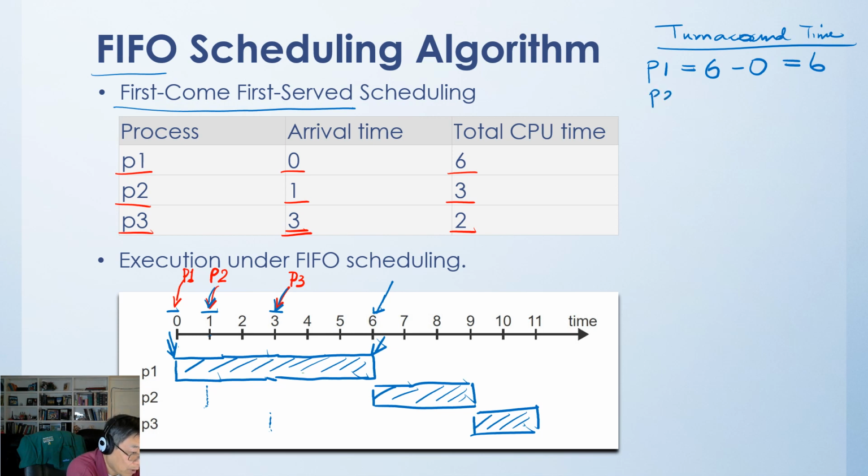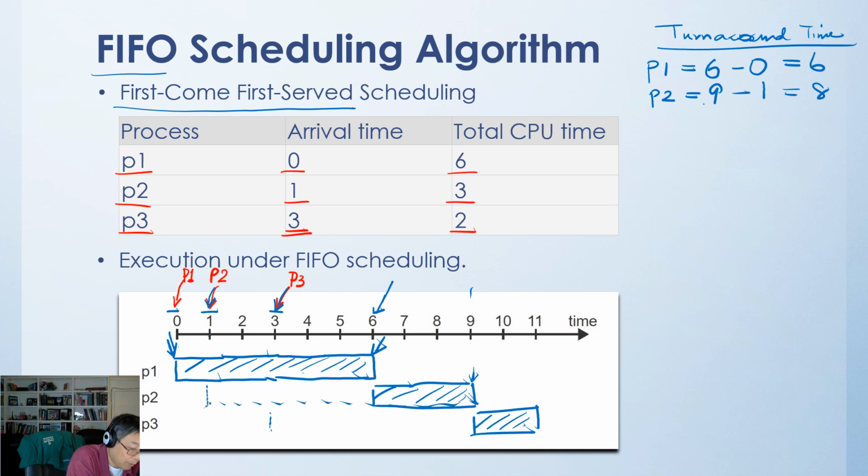Now what about P2? P2 terminates at time 9, but P2 actually arrived at time 1. So the turnaround time is going to be 8. So that's the turnaround time, right?